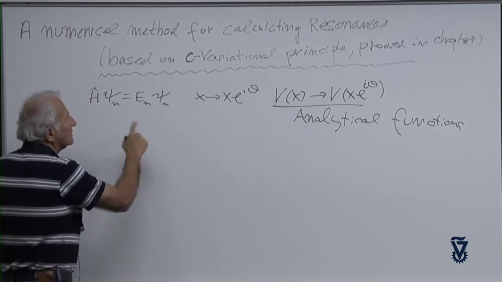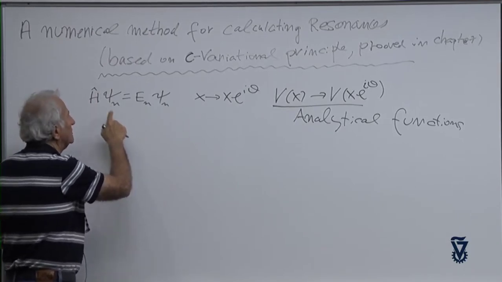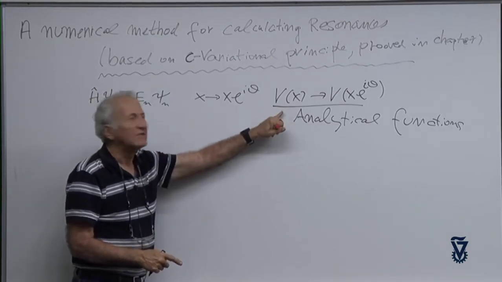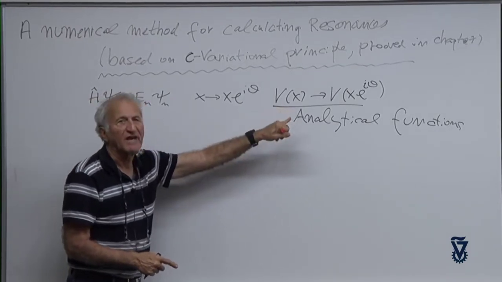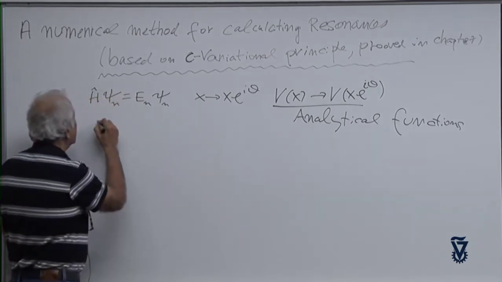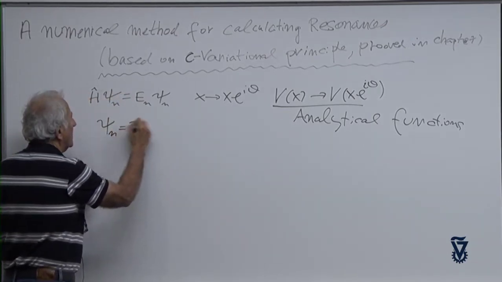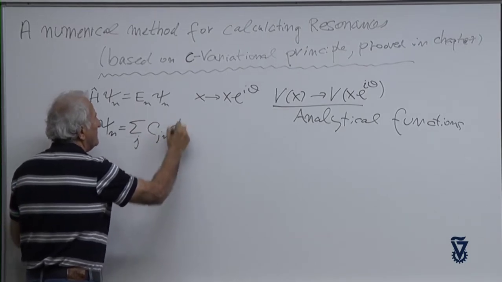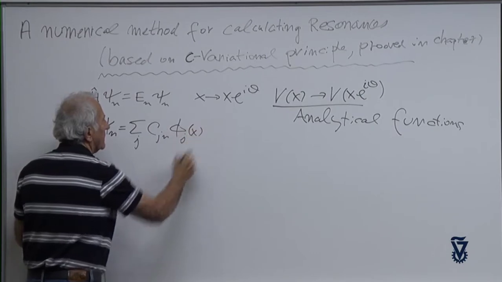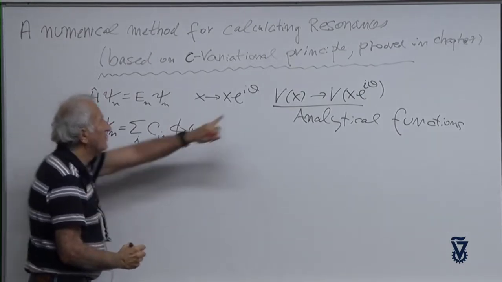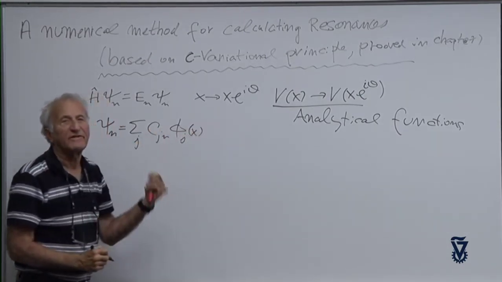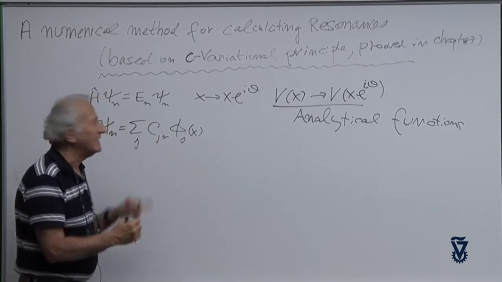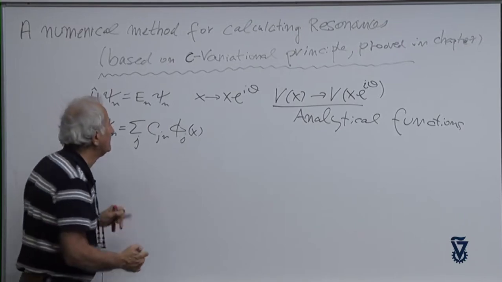So we assume that even if the wave function that we have here is obtained as an eigenfunction of a non-Hermitian Hamiltonian due to this scaling of the coordinates, we can expand ψ_n as a linear combination of basis functions. And in the case of complex scaling, these coefficients will depend on θ, but I omit the index θ to make it more general.